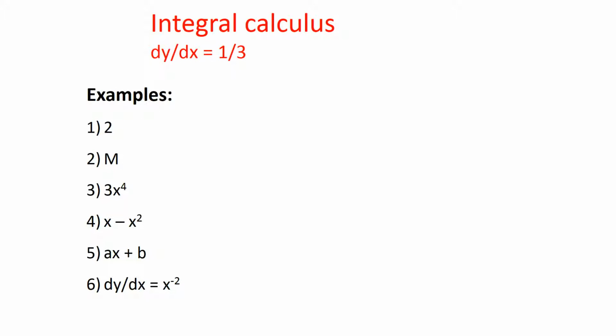And then this one would be 3 divided by 5 x to the 5 plus c. If you're a little unsure of those, then you should go through basically the last chapter in the blue book. But all we're doing is the opposite of differentiation.